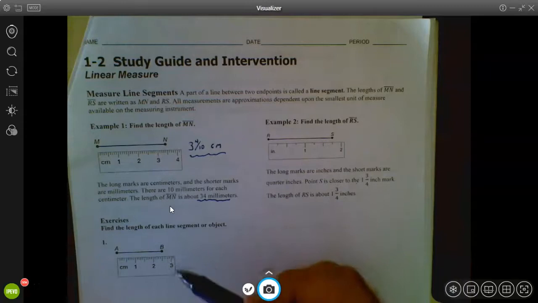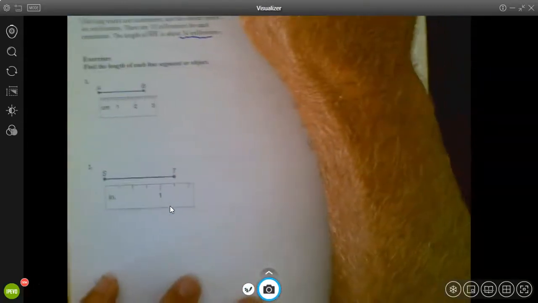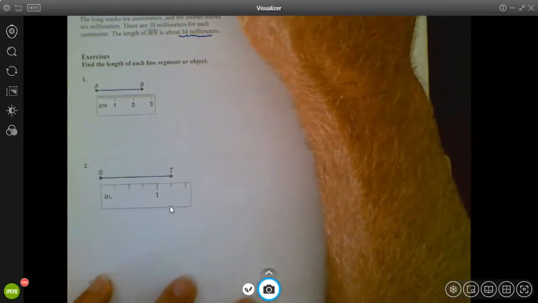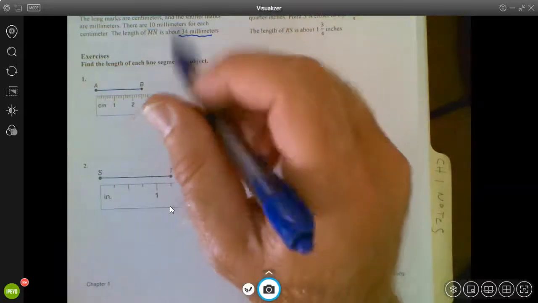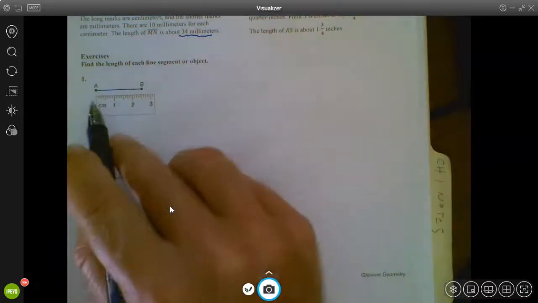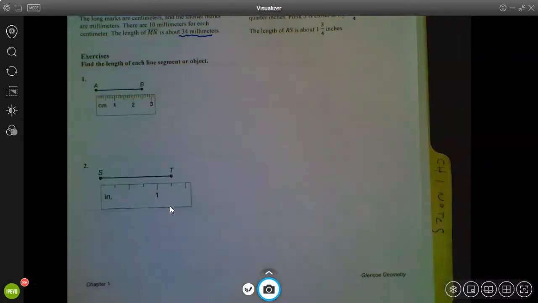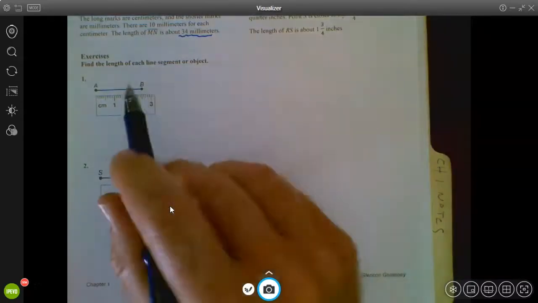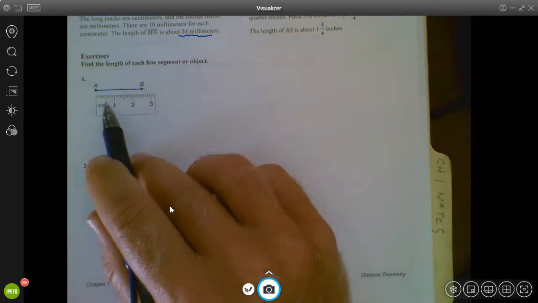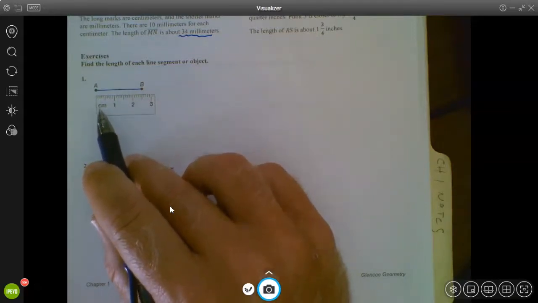For these, it's always good when you're doing these videos, at this point, you can always just pause and try this on your own and then see if we get it right. On this one, you could do it like the one up above, and because they are counting by tenths, there are 10 little lines in there. Because it's by tenths, we can bump to the next unit down, which would be millimeters.